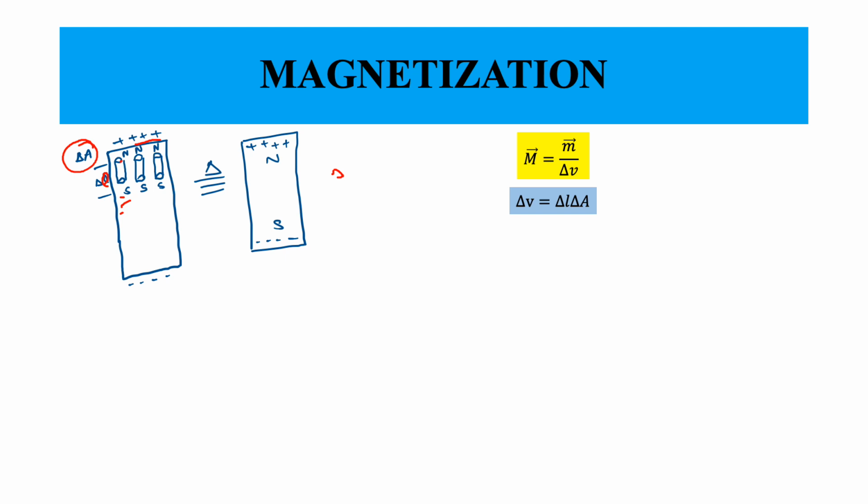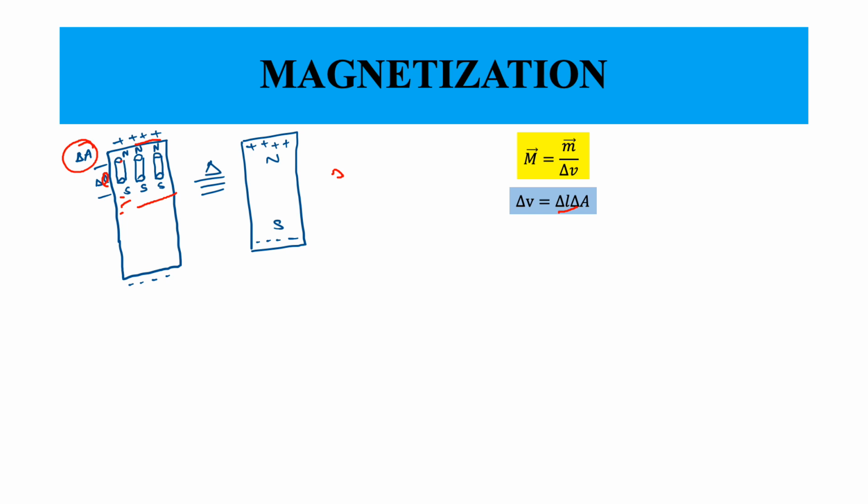This delta L and delta A pertain to a region small enough to be considered microscopic, but large enough to include several magnetic dipoles together. With that, the volume is delta L into delta A. This is tiny enough for us to define the magnetization vector M.